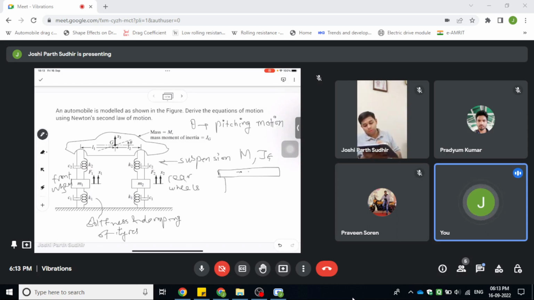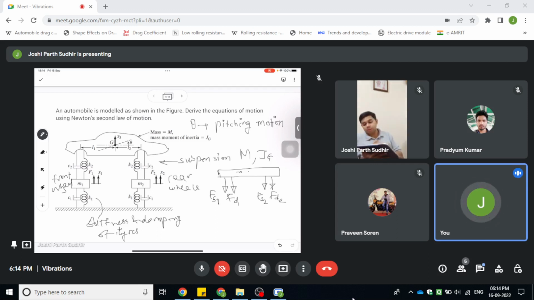So there will be some spring force, let us say Fs1, Fd1, and then spring force Fs2 and Fd2. Those will be acting on the car body. So Fs1 and Fd1 will be for the front wheels, and Fs2 and Fd2 are the forces for the rear wheel. So this is the free body diagram, or rather I would say simplified free body diagram.